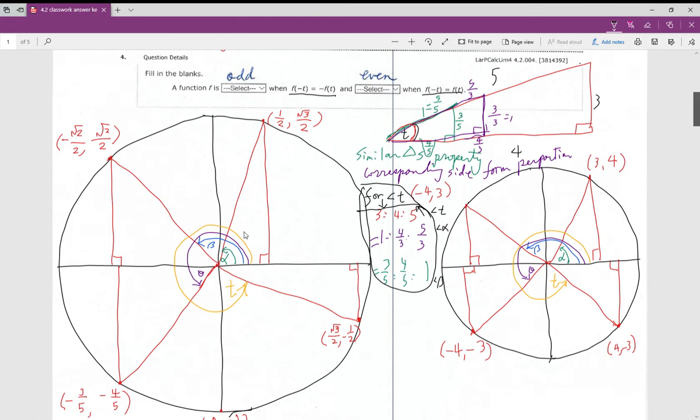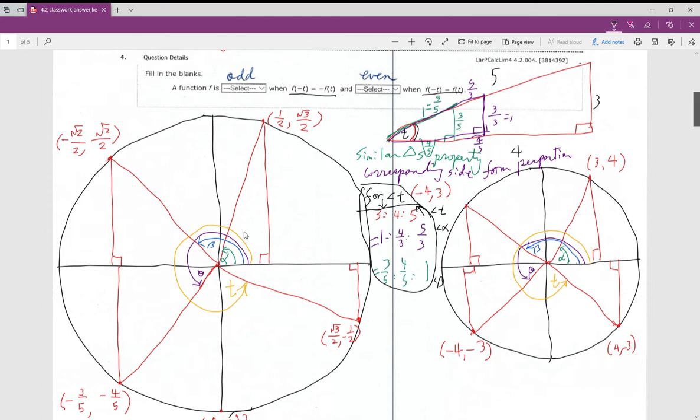Now, start from number 5. Before we start number 5, I need to review some concepts from the last video. Last time we talked about building a right triangle and then finding our sine and cosine.